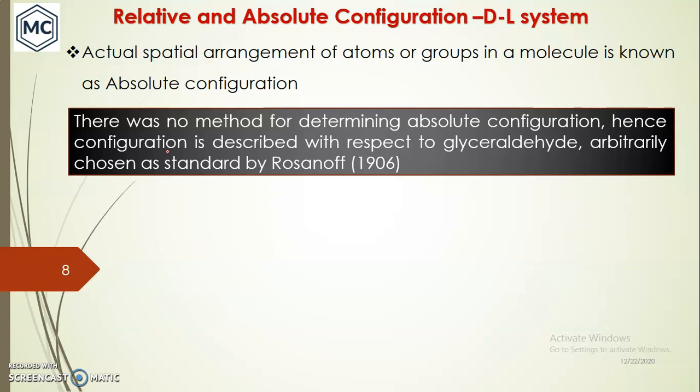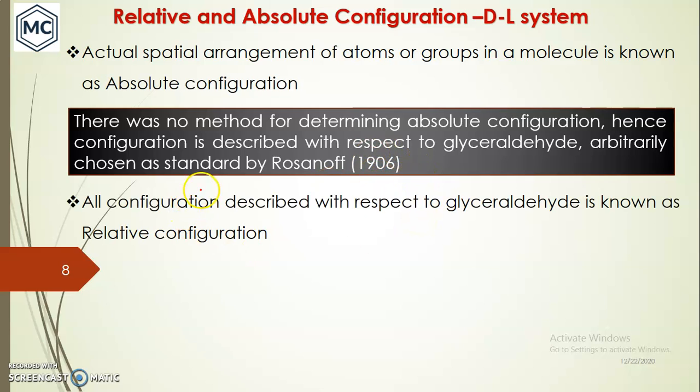Usually what we did is, configuration is described with respect to glyceraldehyde. We arbitrarily chose it as a standard, and this was done by the scientist Rosanoff, 1906. What he did is determine the configuration with relative to glyceraldehyde.